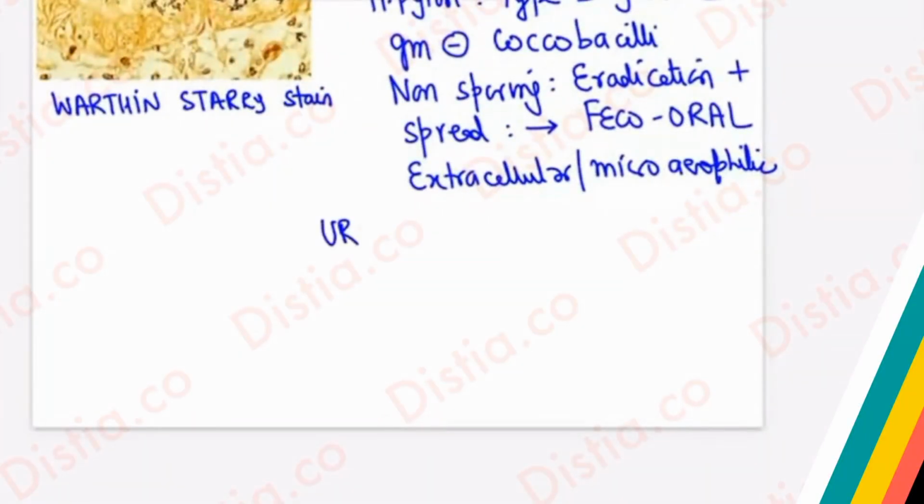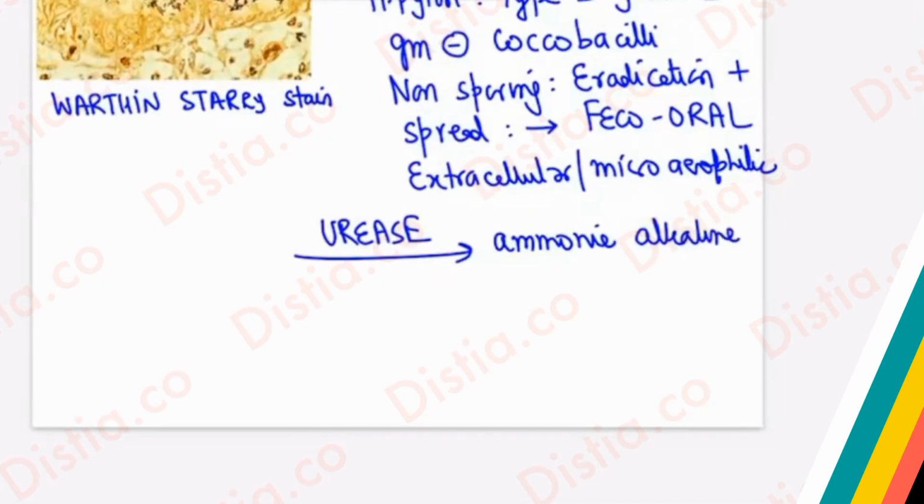So there would be an enzyme that would be playing an important role here by the name of urease, and it is generating ammonia, and you know that ammonia is alkaline. The alkaline pH that is now being created by this bacteria per se is gonna irritate the G cells. There's gonna be 24/7 stimulation of the G cells, so there's gonna be excessive production of gastrin.